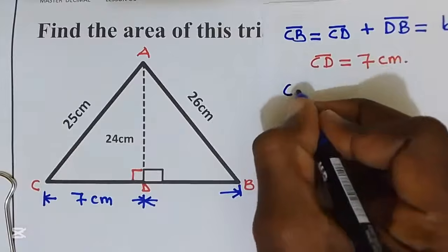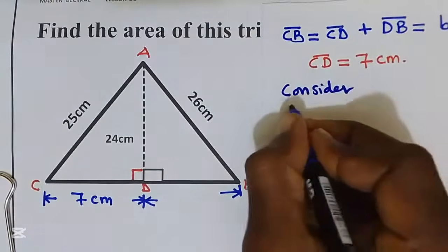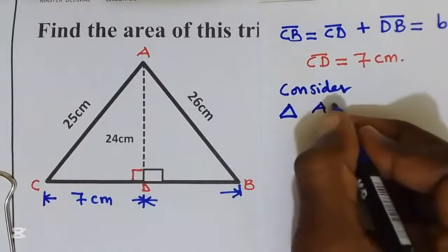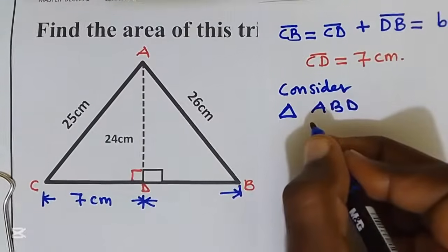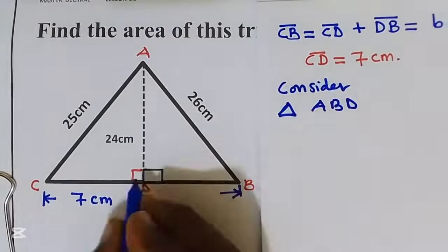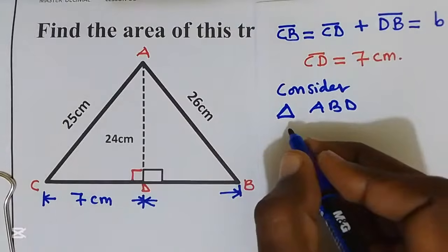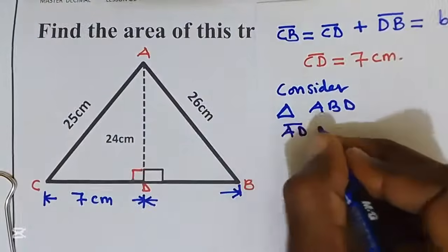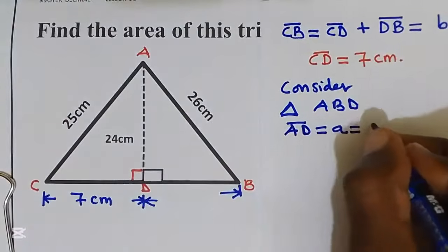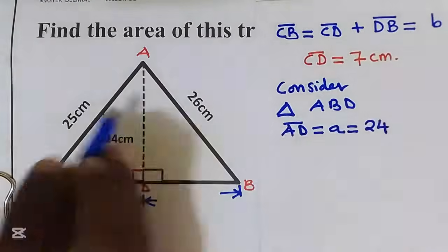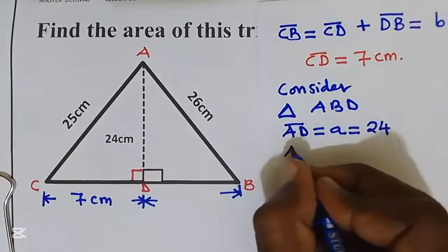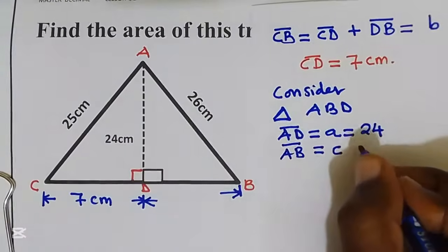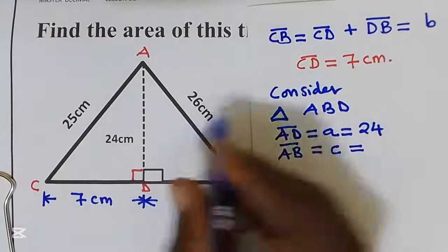Consider triangle ABD. It is a right-angled triangle which has distance AD, which I'll call a, equal to 24, and distance AB, which I'll call the hypotenuse c, equal to 26 centimeter.